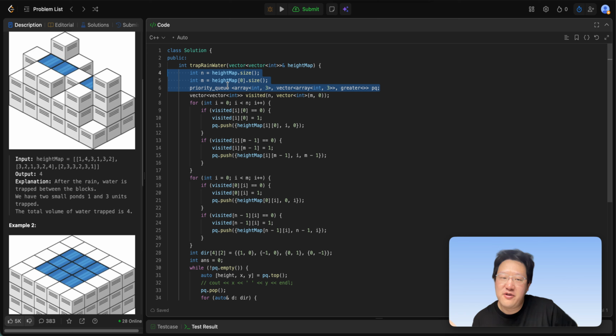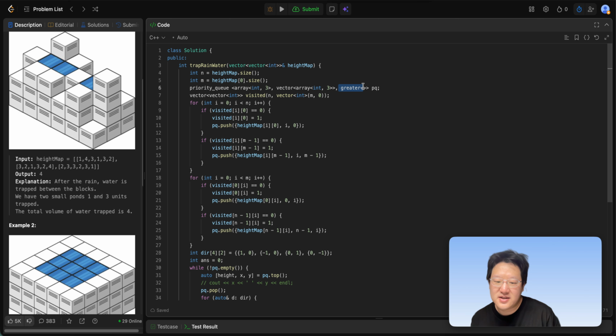If you use Python, you can use heapq. It's the same as the priority queue in C++. The min heap stores the height and coordinates of one cell.